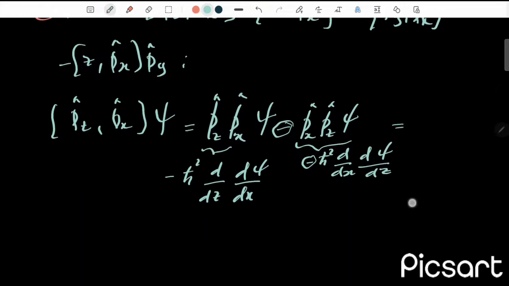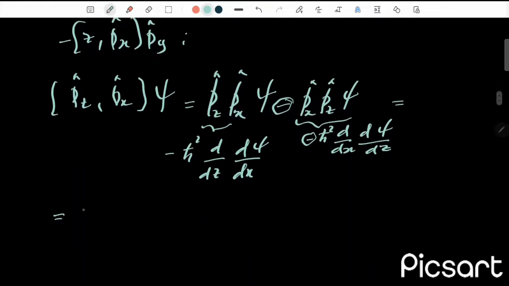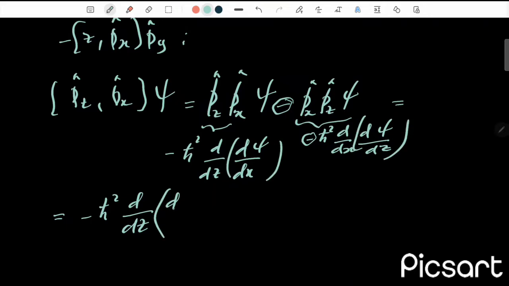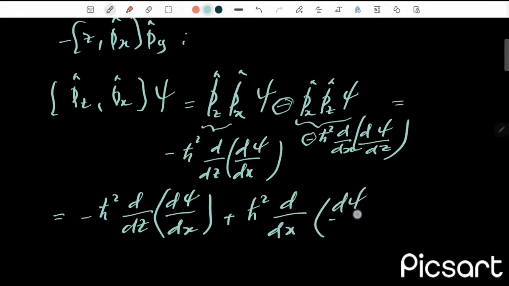Then we have minus h bar squared d over dz of d psi over dx, plus h bar squared d over dx of d psi over dz.